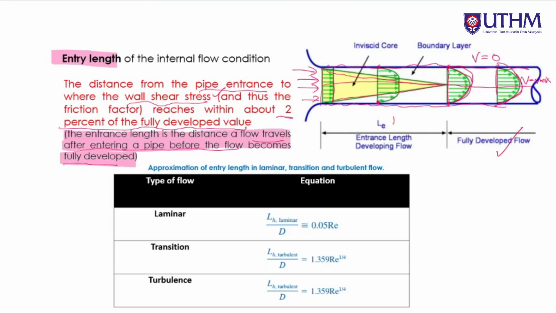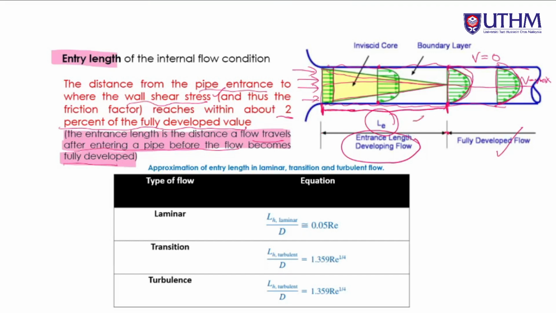So the entry length is the length in between dia punya entrance sampai dia jadi fully developed. This is what is called as the entrance length of the developing flow. Okay, senang kan? So maksudnya just jarak antara the position where the flow is entering the pipes until the flow become fully developed.